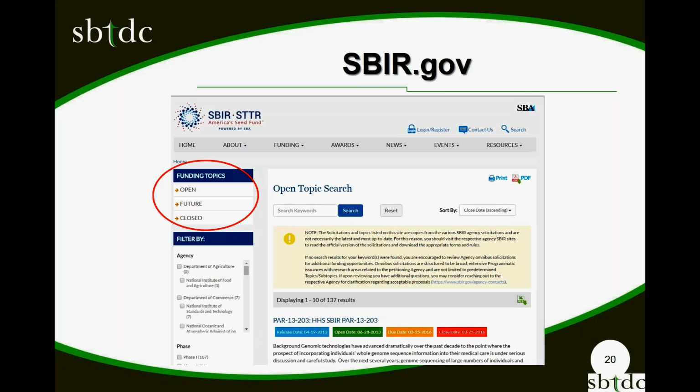The last thing I'll note about looking at awarded companies is that you can also look at them as potential partners. Don't just look at them as competitors or people that you're going to be working against as you develop a technology, but look at them as potential partners.